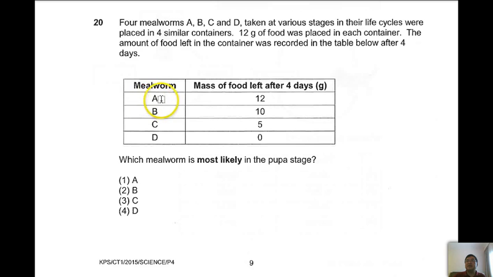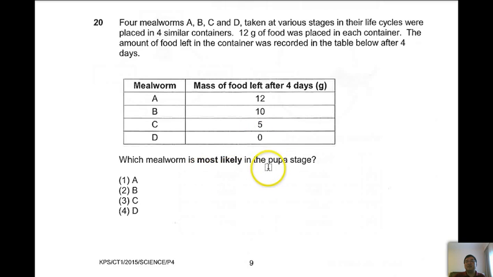Most probably, this mealworm stage here, where there's no eating, is the pupa. This one, something is eaten. This one eaten the most, more than this, and of course D, no more left. It means it has eaten quite a lot. That's why there's nothing left.